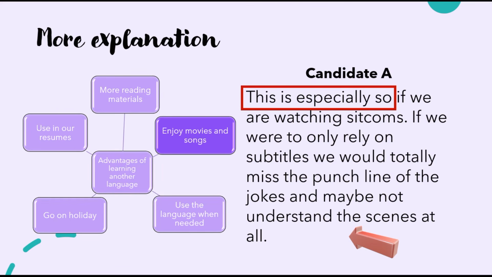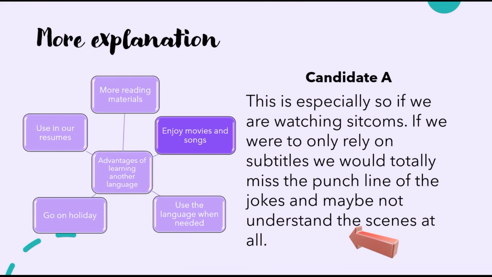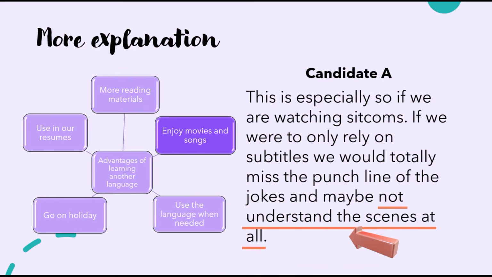This phrase is used to give even more stress on what is being said. And that is, if we were to only rely on subtitles, we would totally miss the punchline. Punchline means the final lines of a joke, where the joke becomes funny. And because of this, we may not understand the scene of the movie at all.